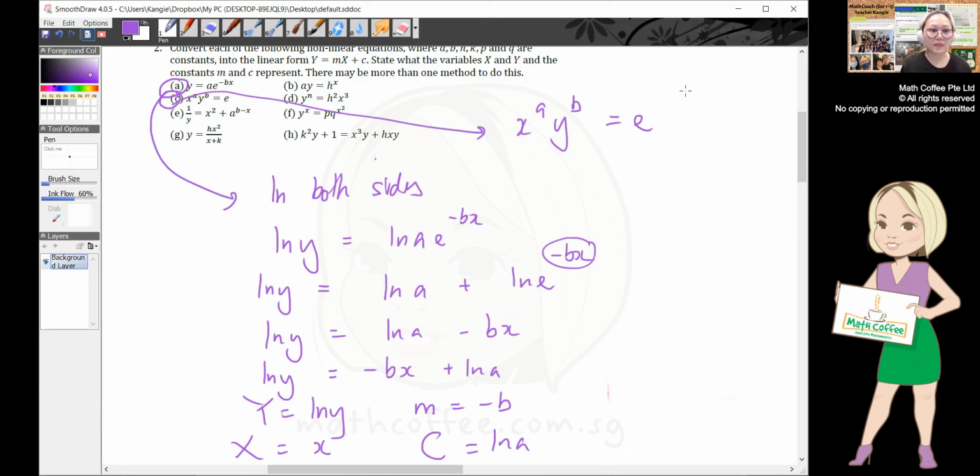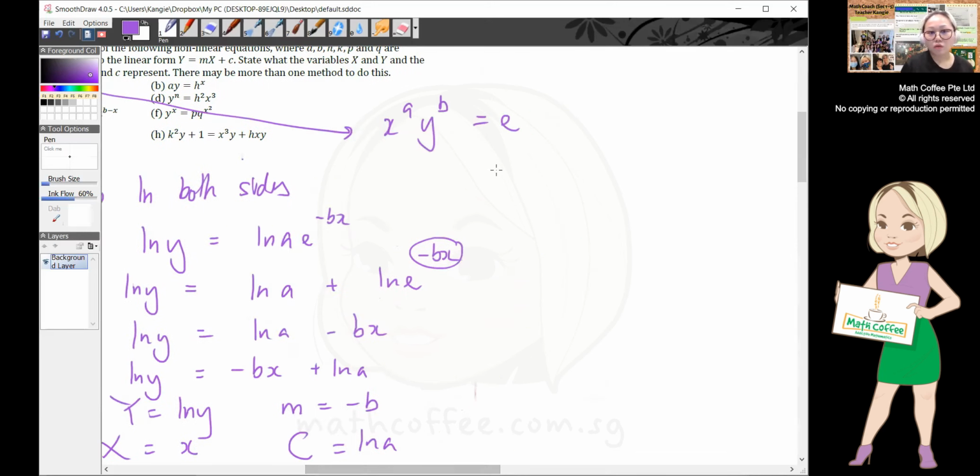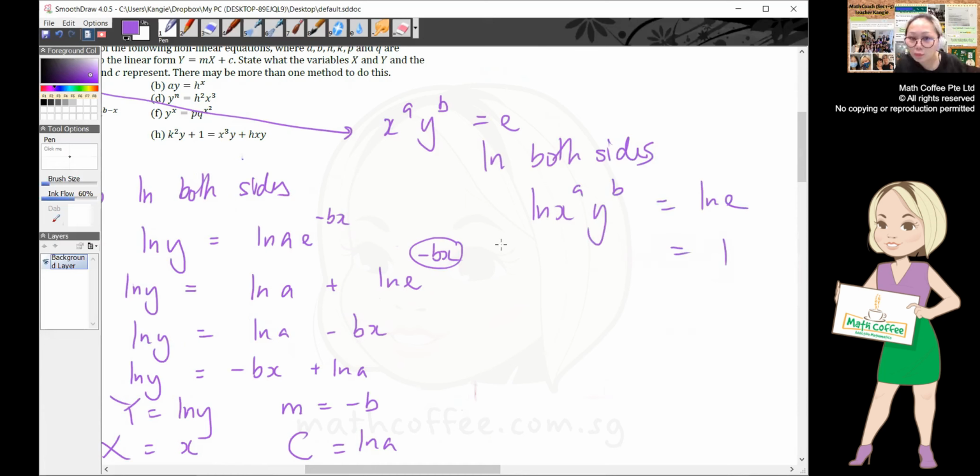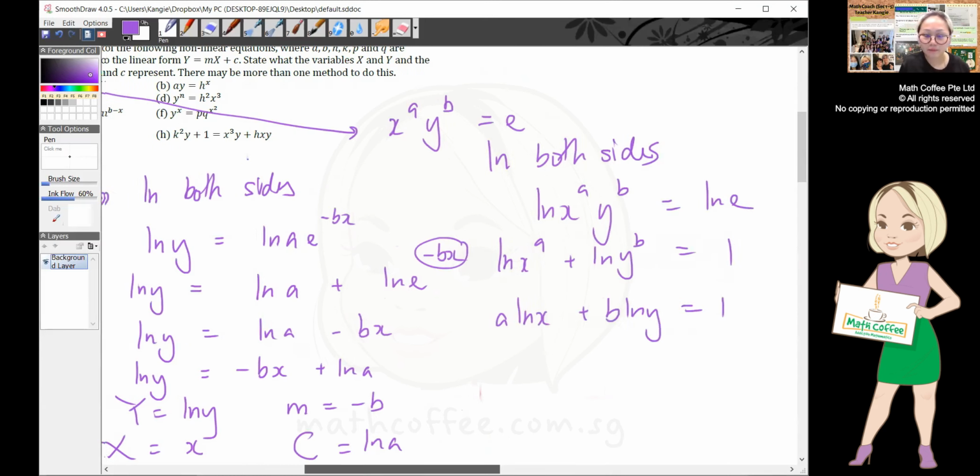But base e is involved, so you can only ln both sides. So let's ln both sides. So I have ln x^a y^b equals ln e. And ln e is 1. This one I'm going to break up, becoming ln x^a plus ln y^b. Bring down, so it becomes a ln x plus b ln y equals 1.